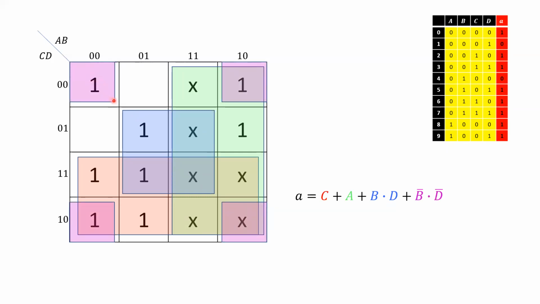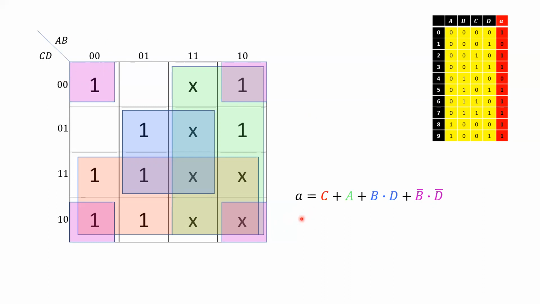What I've done is I've drawn a square here, but the square goes over the edges, and I've drawn it back here and here and here. I can do that because these cells in the corners are either 1 or X. So this square represents the cells where B is 0 and D is 0. And again, you can check that for yourself.